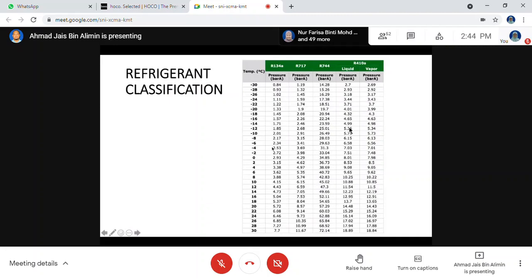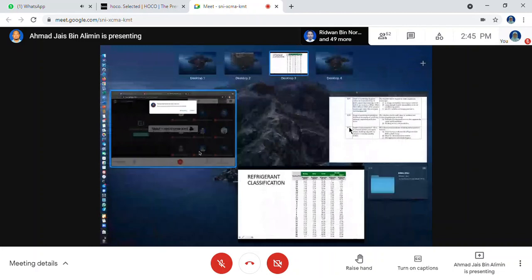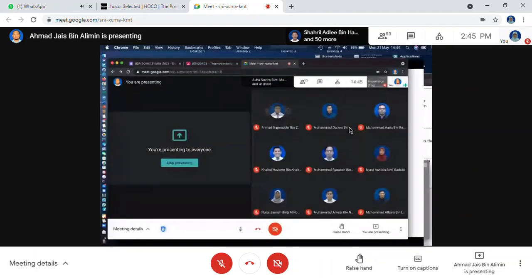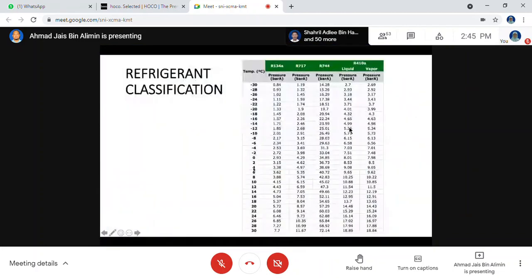So you can observe that at a specific working temperature, each of these working fluids or refrigerants will have a different pressure. Okay, for example, at 0 degrees Celsius, R134A requires 2.93 bar, and for R744, the pressure is around 34.85 bar.